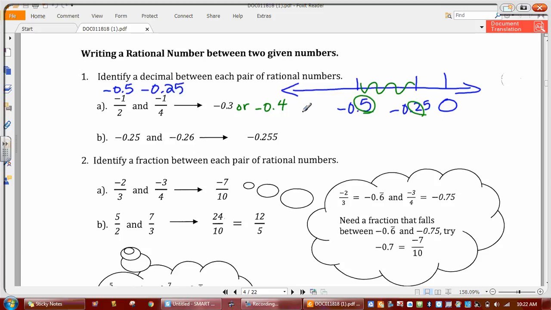Okay? Now, what if the numbers are really, really close? 0.25 and 0.26. Well, when they're that close, you have to add a third digit. You have to add the other digit that would be between those. So, if I'm going from 0.25 to 0.26, well, I've got all kinds of choices. I've got negative 0.251, negative 0.252, negative 0.253, all the way.